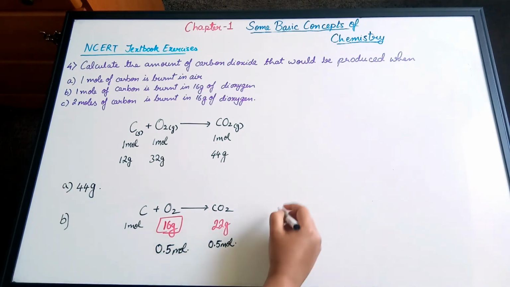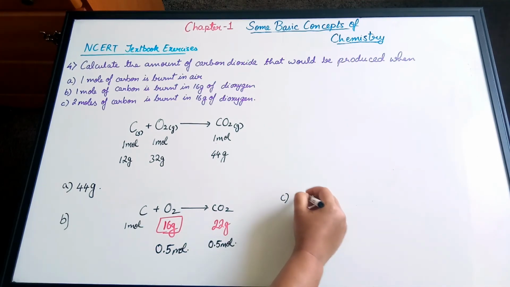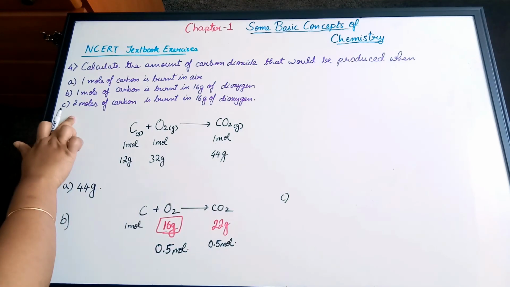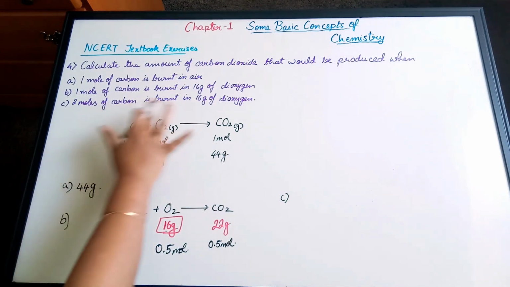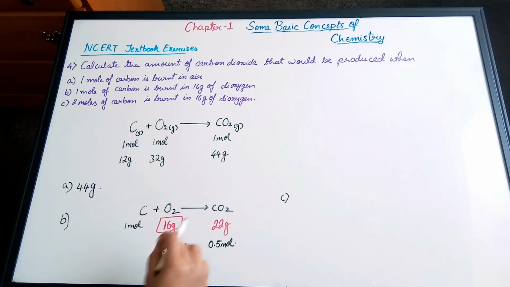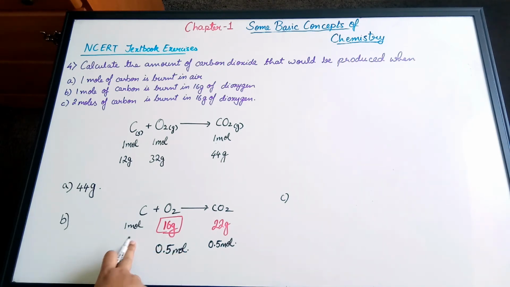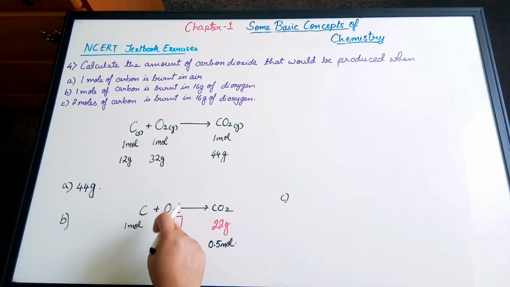The next one, here they've given us 2 moles of carbon being burnt in 16 grams of oxygen. Now when we studied limiting reagent, we learned that no matter how much the excess quantity of one of the reactants is, once this reactant gets used up, the reaction will stop.